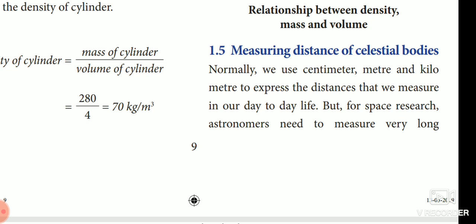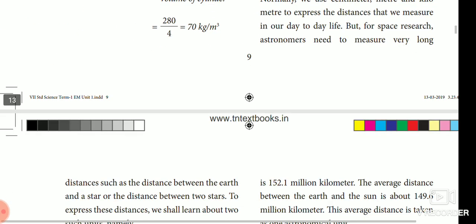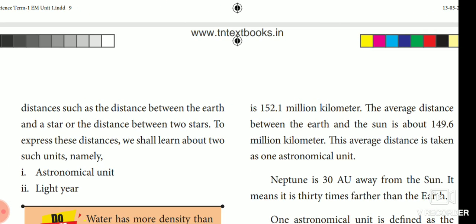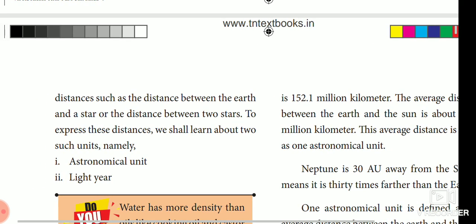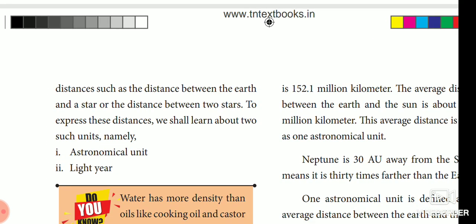But for space research, astronomers need to measure very long distances, such as the distance between the earth and a star, or the distance between two stars. To express such distances we will learn about two units.